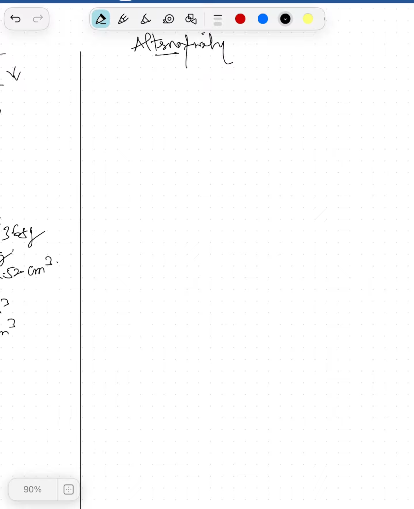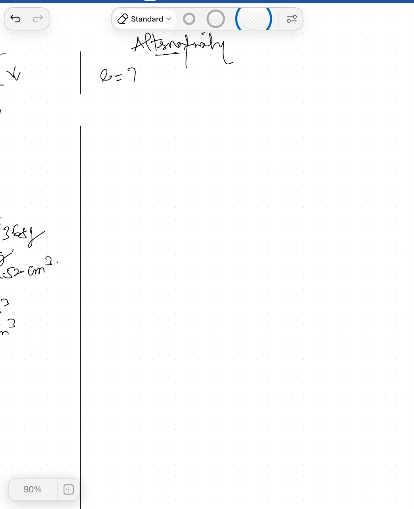Alternatively, we can use an equation. The equation says that we should find the void ratio e, right? And we know that total unit weight equals unit weight of water times... Now let's talk about the density.